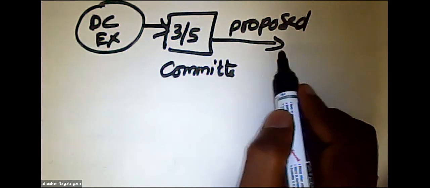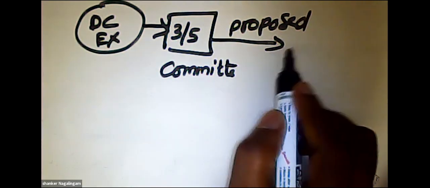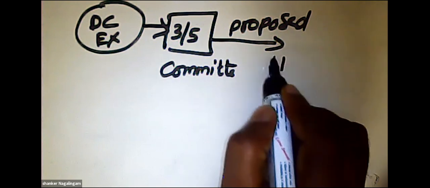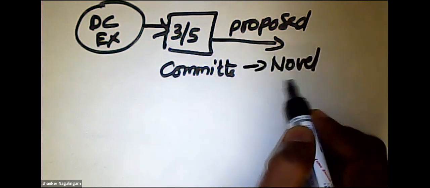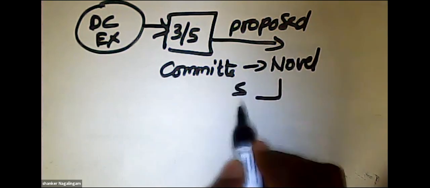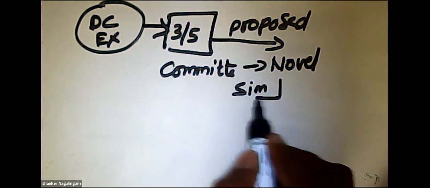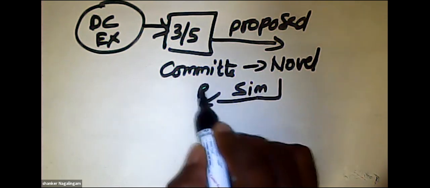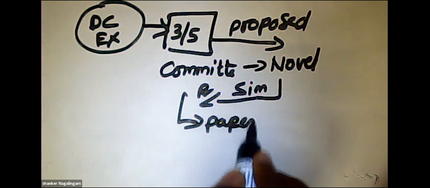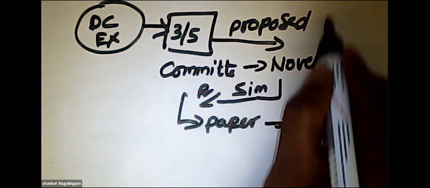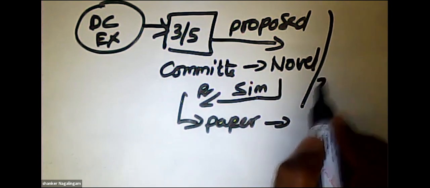Without checking this tool, what happens? I'm trying to explain. They say that it is novel. The committee says this is novel, and you go for simulation and hardware implementation. Then you complete it as a paper, and of course this normally takes 2 to 3 years.